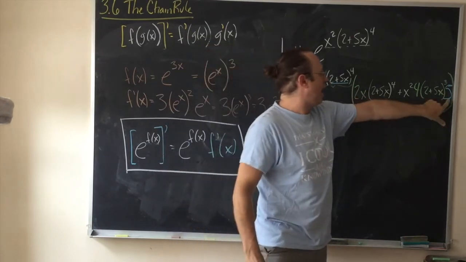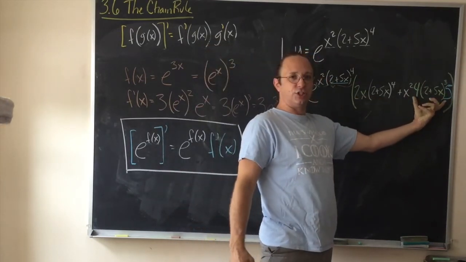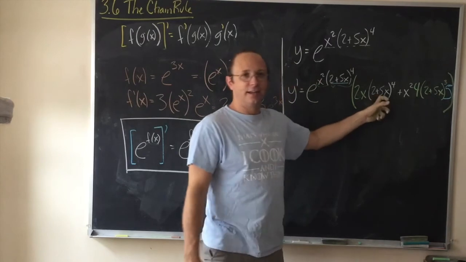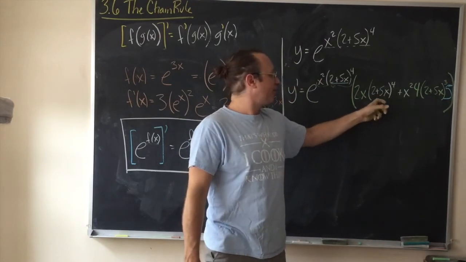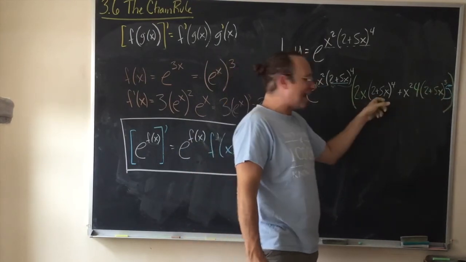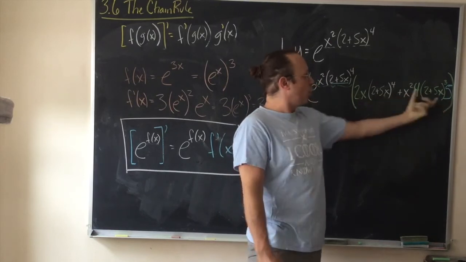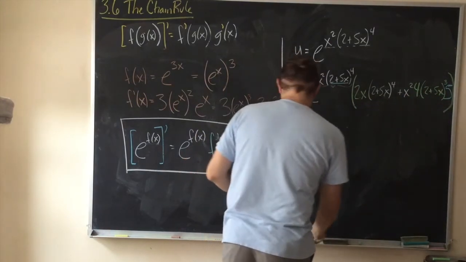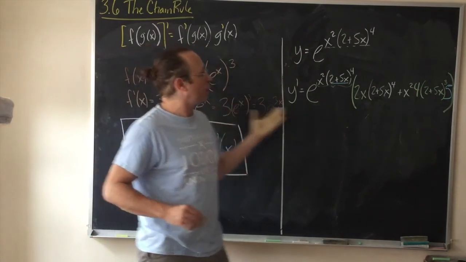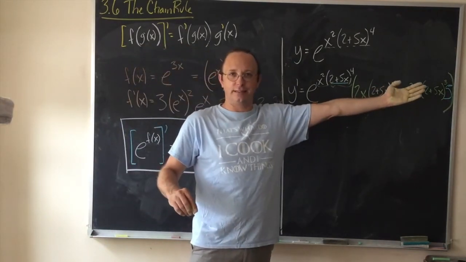Notice, of course, that this 5 is only getting multiplied by the part that has the chain rule. The 5 is not getting multiplied by the first half because the 5 comes from the derivative of the second half. So you don't want that 5 on here, you only want the 5 over there. And I, of course, am completely okay with leaving it like this.